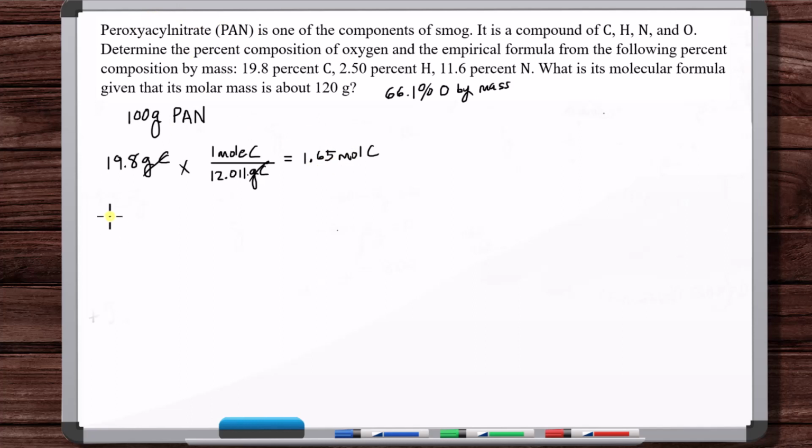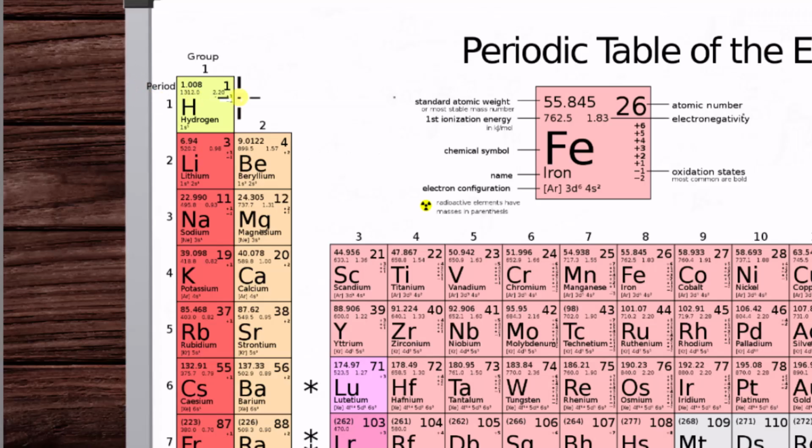All right, how many moles of hydrogen are there? Molar mass of hydrogen, 1.008.